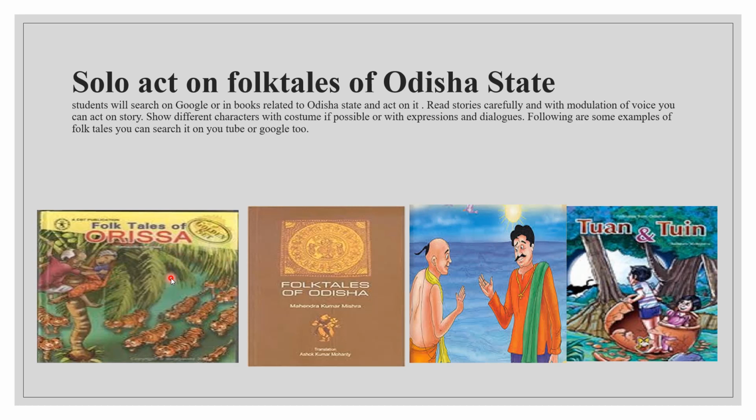I have explained 5 to 6 activities. In that, you will do these 2 activities for lessons, meaning making puppets for lessons, and folk tale, which is again for a lesson, meaning you will use different characters from Odisha state folk tales to show a solo act. And you will do the remaining 3 activities on poems.